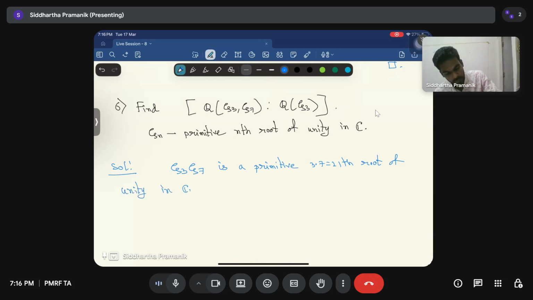So you can verify this, or go back to the previous problem solving session.